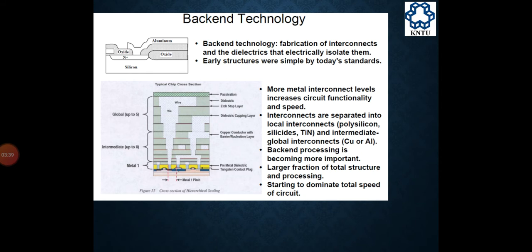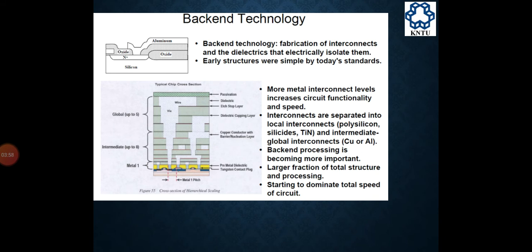Now, backend technology. Backend technology is the fabrication of interconnect and dielectric that electrically isolate them. All this structure was simple by today's standards. And more metal interconnect levels increase circuit functionality and speed.